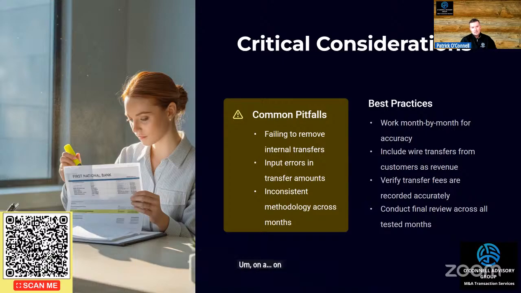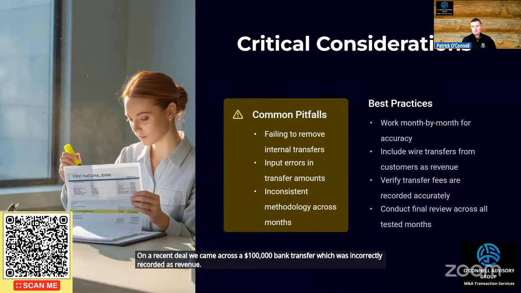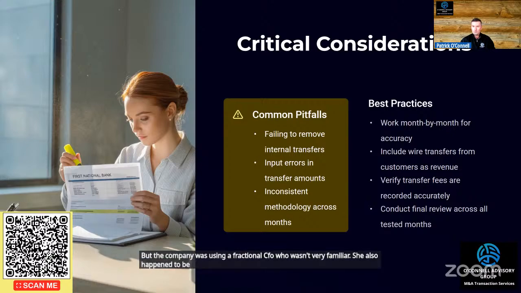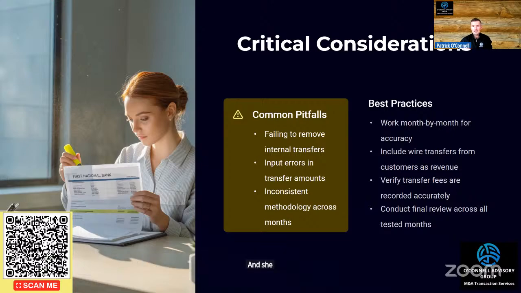On a recent deal, we came across a $100,000 bank transfer which was incorrectly recorded as revenue. They transferred from bank A to bank B, but the company was using a fractional CFO who wasn't very familiar. She also happened to be new, and she was simply taking all the activity in the bank accounts and incorrectly recorded this 100K as revenue.